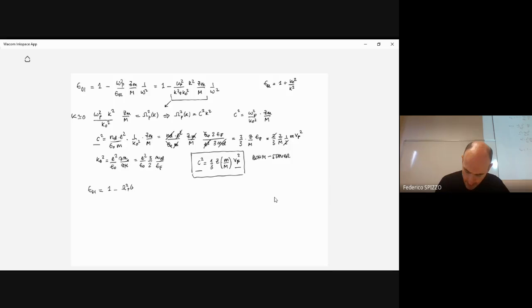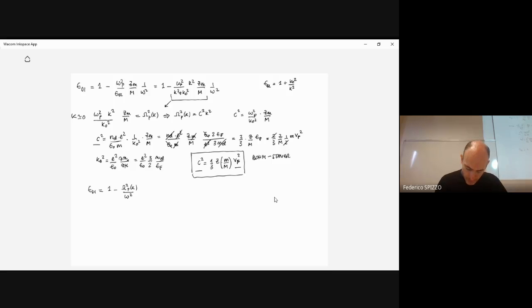the square of a frequency that depends on the wave vector divided by the square of the frequency. So we have the square of this plasma frequency of the dressed ions, depending on the wave vector, divided by the square of the frequency of the external perturbation.